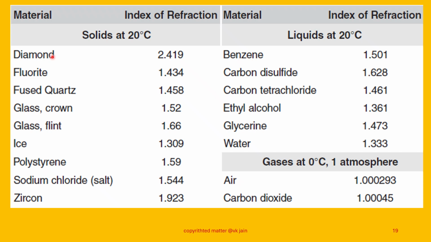It has an index of refraction equal to 2.419, and there are some other materials which have a value more than 1: the zircon, sodium chloride, polystyrene, ice, tinted glass, crown glass and quad glass. Then some more materials are shown here.